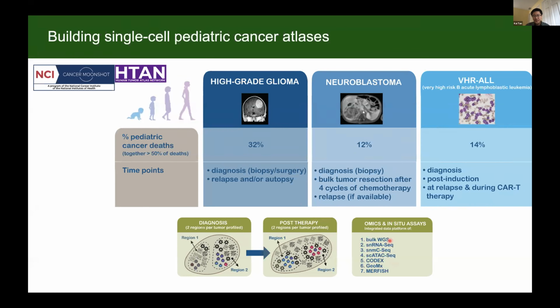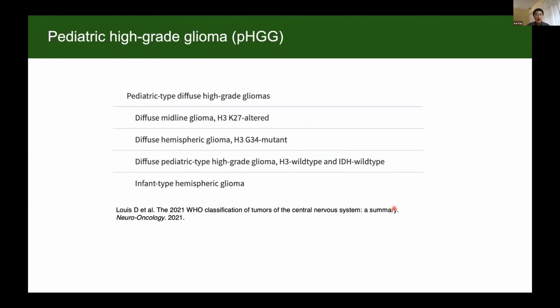We use a range of technologies shown here to profile those patient samples. The overall goal is to better understand the heterogeneity and the microenvironment of all these cancer types. As I mentioned, one of the cancer types we study is pediatric high-grade glioma.